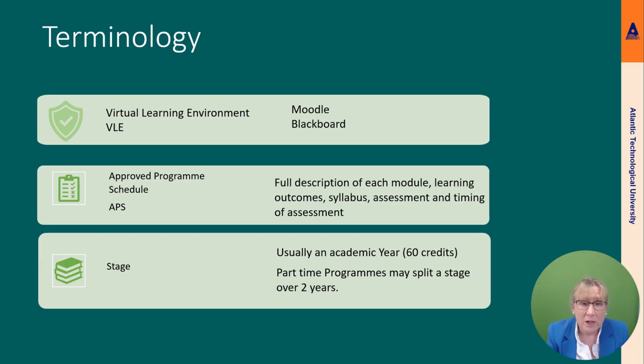So that will be a matrix where it will set out all the modules together that you're due to study and when the various assessments are to come in for those modules. A stage is usually an academic year or 60 credits, although for part-time programs that stage may be split over 2 years.